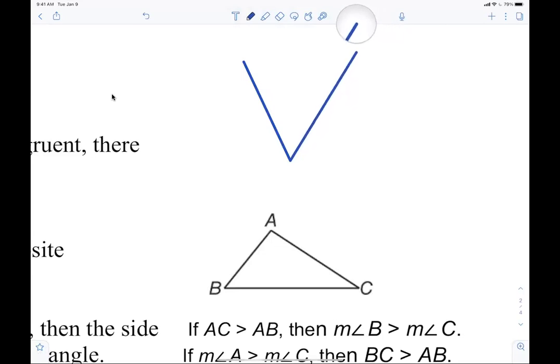So as I increase the angle, do the sides change? No. I'm trying my best to show you that I'm not changing the side by opening it up. You agree with that? Only the angle is changing.